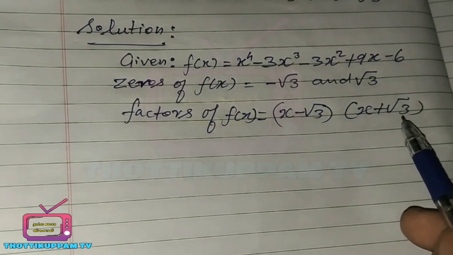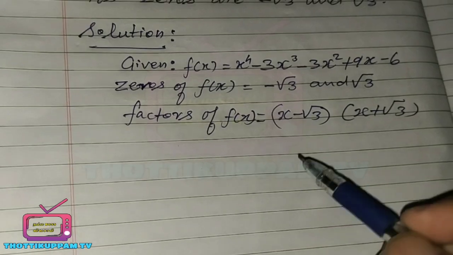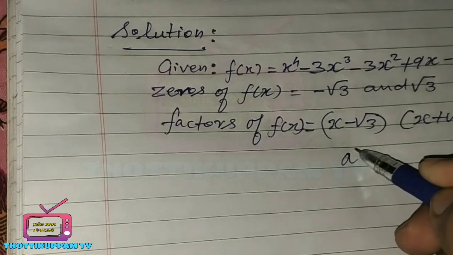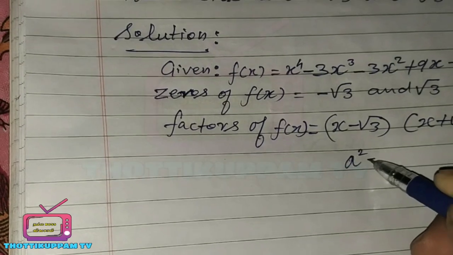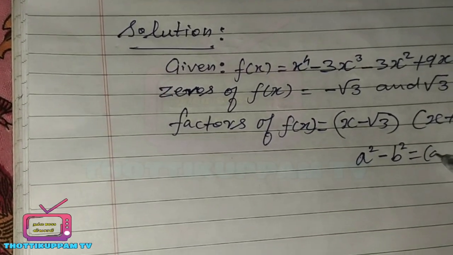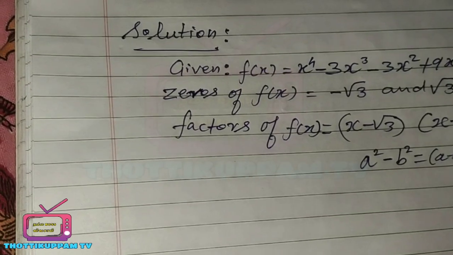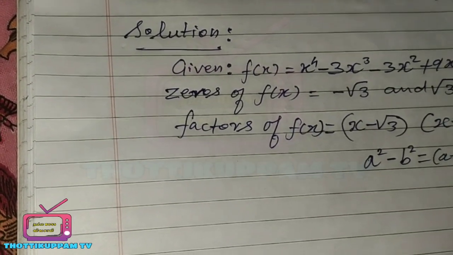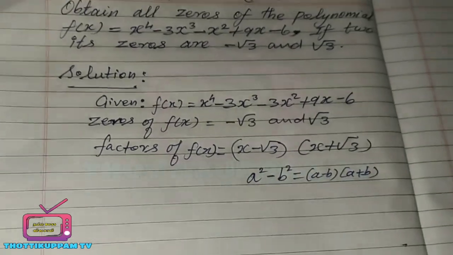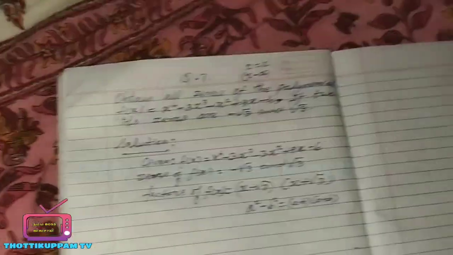So where we heard this formula, from the algebraic formula: a square minus b square is equal to a minus b into a plus b. We have seen this formula already, from the algebra.